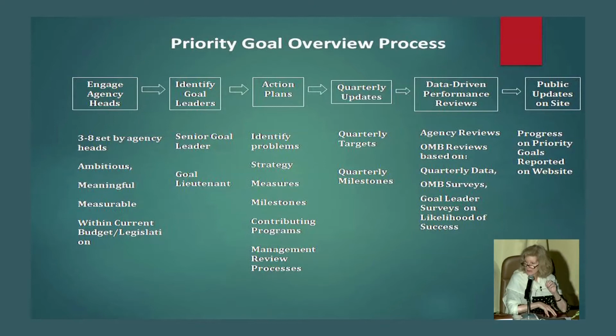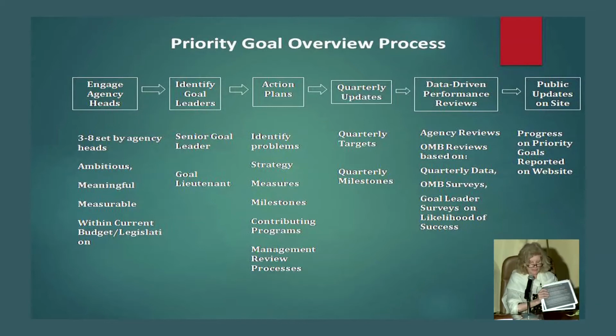And each agency then, having identified that goal, would set up a process that I show in this next chart, an overview process that started with OMB engaging with agency heads, identifying goal leaders, developing action plans, quarterly updates, doing performance reviews with data, and then putting all of that information on websites. That process is ongoing now. It's a work in process, but I think it is going fairly well.